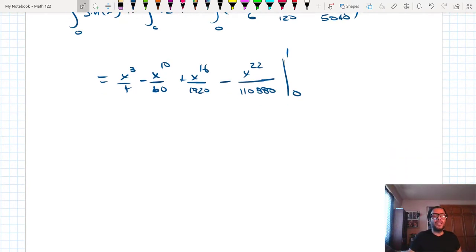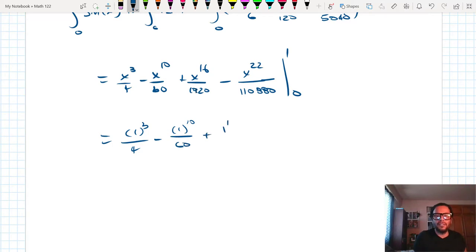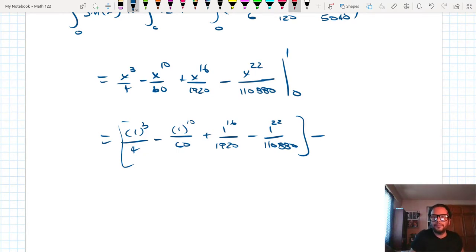Okay, so applying the upper limit first, we get 1 to the fourth over 4 minus 1 to the 10th over 60 plus 1 to the 16th over 1920 minus 1 to the 22nd power over 110,880. That's the upper limit minus the lower limit. But do you notice that if we plug in 0 everywhere, all these terms go to 0? So all we have to do is just write down a big 0.